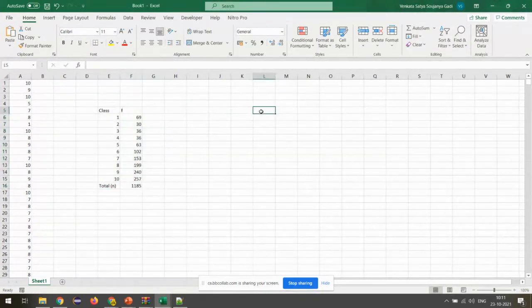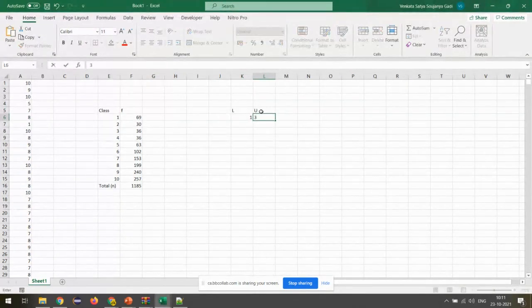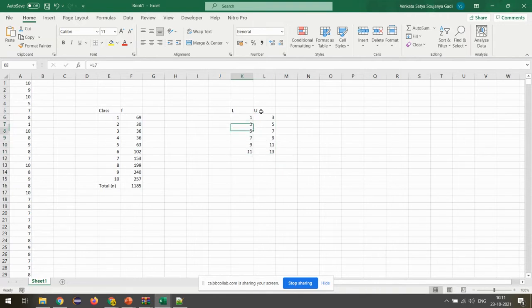So let me do another group, but with lower and upper limits. So let's say L and U, and let us say it starts with 1 and ends with 3. This is because our group data starts with 1 and ends with 10.